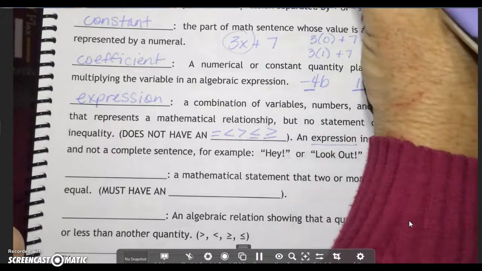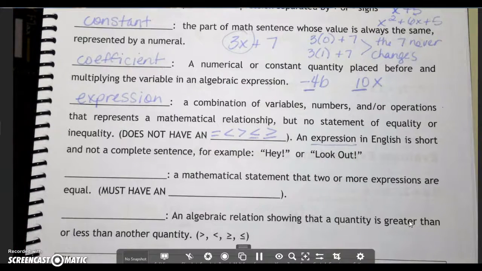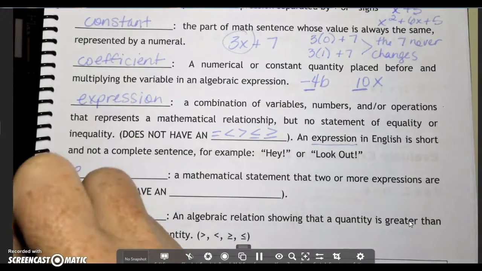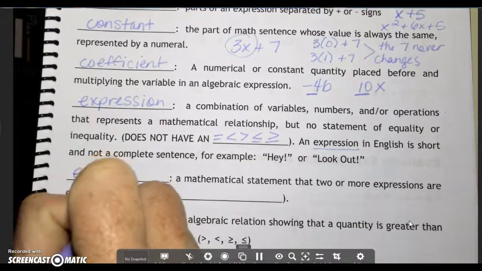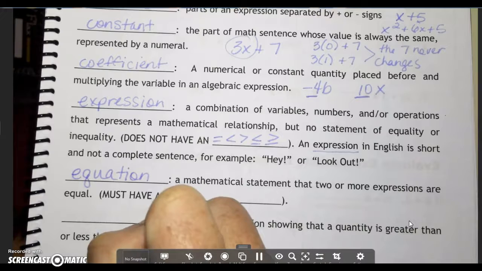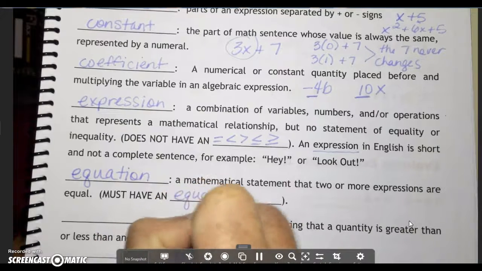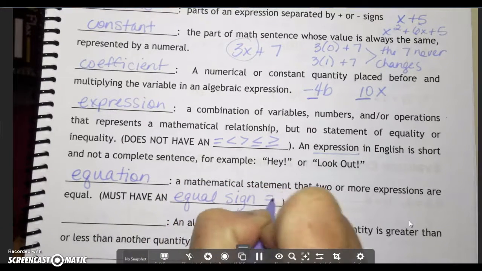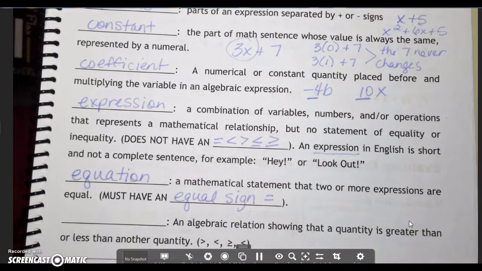So we used expression and we used coefficient. Rachel, a mathematical statement that two or more expressions are equal. What would we call that? An equation. And for something to be an equation, what does it have to have in it? It has to have an equal sign. Good. So Charles, by process of elimination, an algebraic relation that shows a quantity is greater than or less than another quantity.